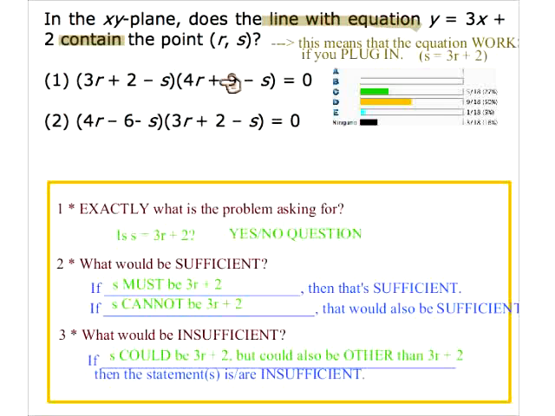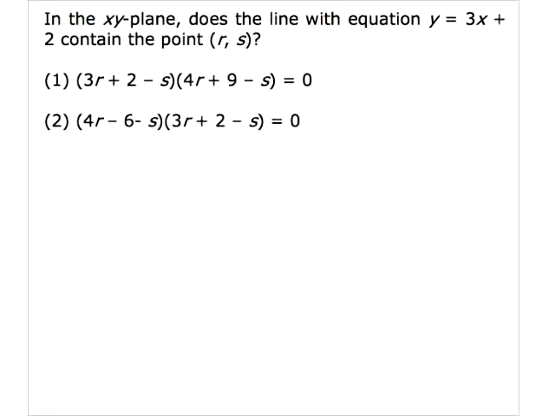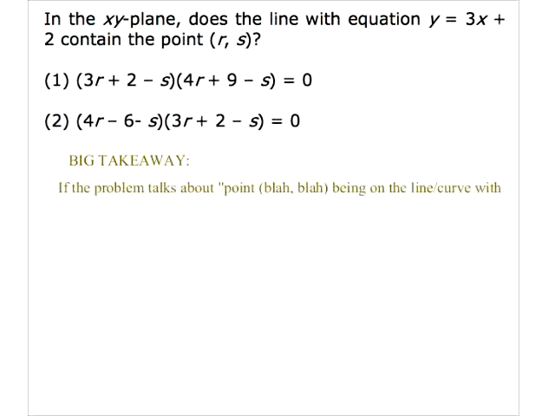Okay. Here's the problem again. At this point, as soon as we figure this out, we are done with coordinate geometry. We don't need to think about lines here at all anymore. So the big takeaway is, if the problem talks about point blah, blah, blah being on the line or curve with equation blah, blah, blah, then this is probably not a coordinate geometry problem at all.